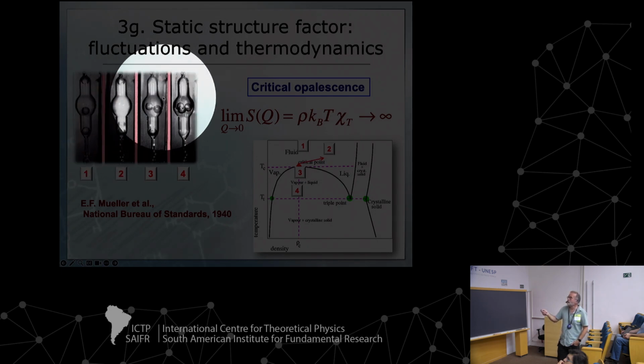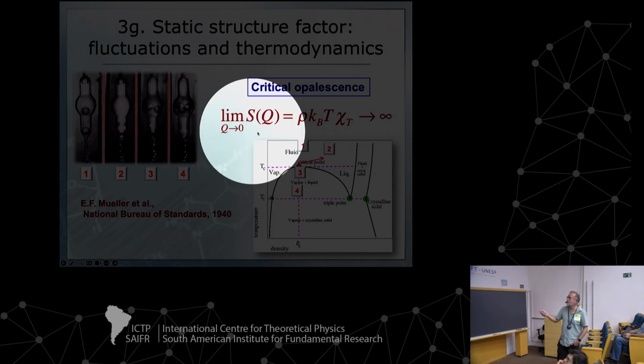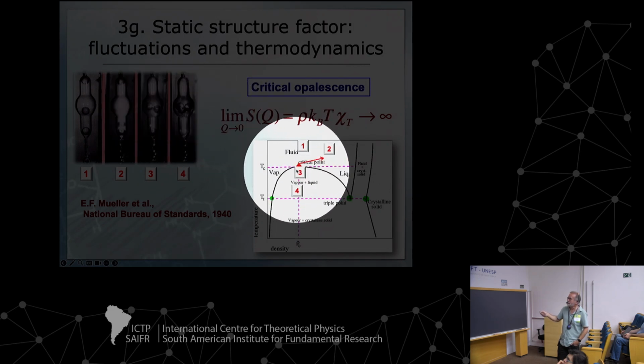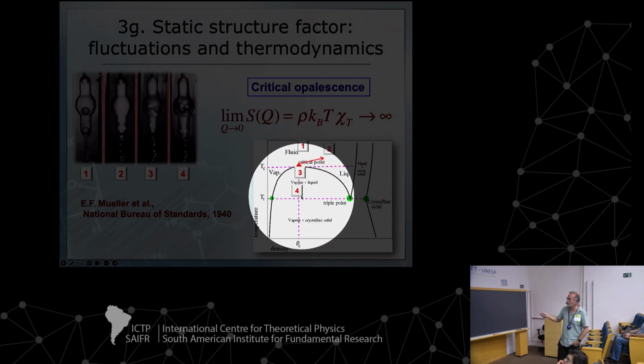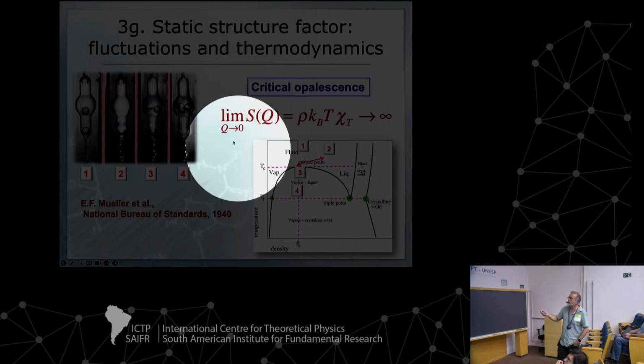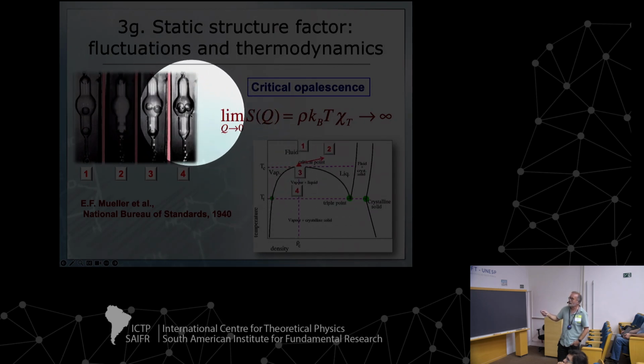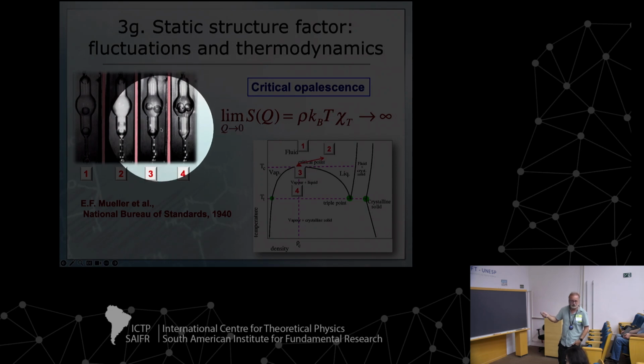If you lower the temperature, again, you have a phase separation. So here, the system starts to phase separate, and in the end, in 4, you have an interface between liquid and gas, and you have the 3 balls floating at the interface.